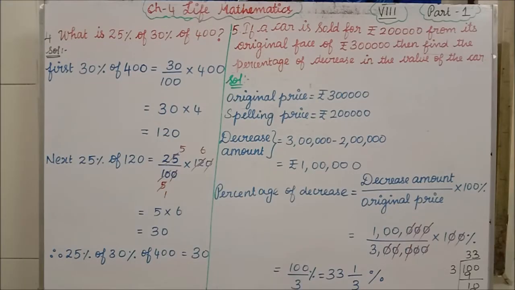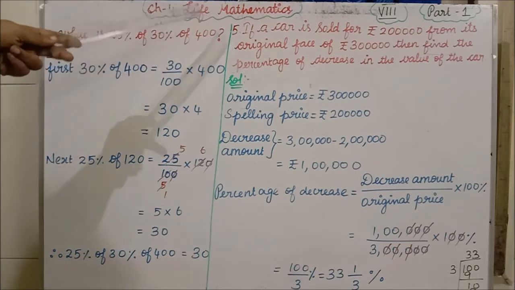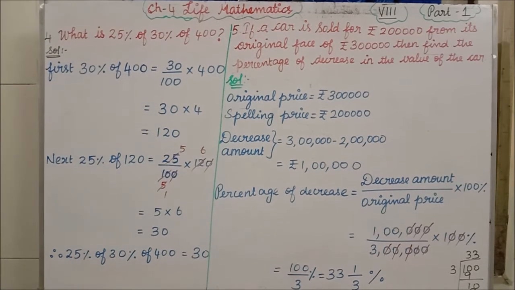Students, we will see now the fourth question. See the question. What is 25 percentage of 30 percentage of 400? What is the answer they were asking?